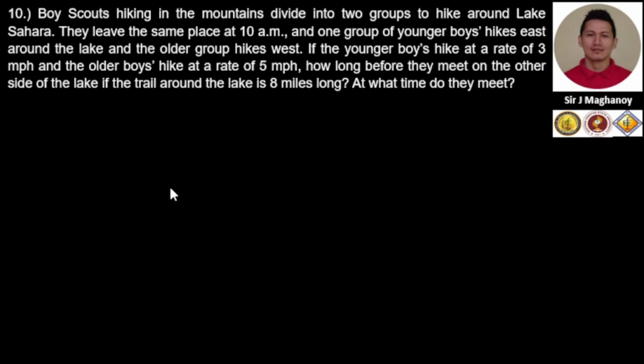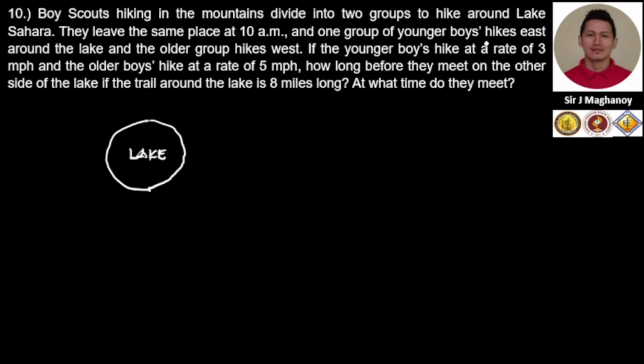Okay, our first step is to visualize again our given parameters. The moving objects: we have two groups of Boy Scouts hiking in the mountain. This group of Boy Scouts decided to divide into the older boys and the younger boys. So for example, based on the problem, we have the lake.